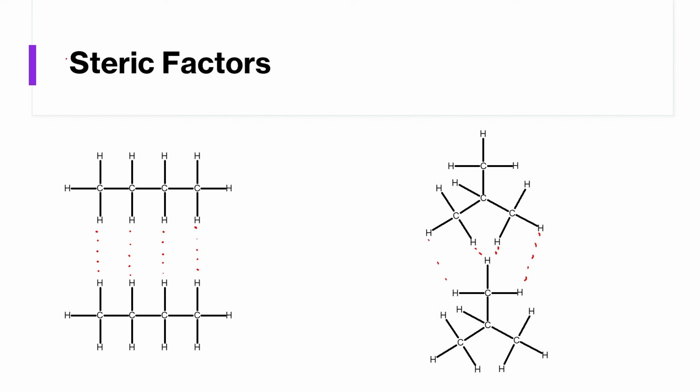When we use this term sterics, what we're referring to is the space that each molecule occupies and the effect that that has on physical properties or the way that it reacts. So essentially, if the molecule can be arranged in space in a way where our bonds are easily able to access each other and interact, versus an arrangement which inhibits the amount of interaction between bonds, the stronger the attractive force between the molecules will be.